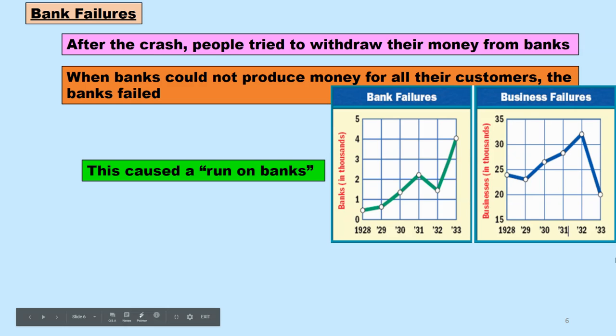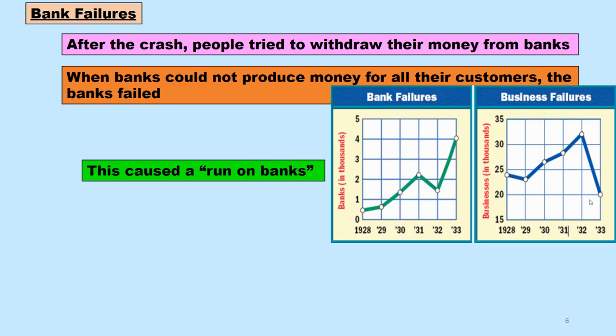So as these bank failures skyrocket, you're going to see a lot of businesses start to fail because businesses need loans from banks, business loans. And if banks are failing and don't have money being invested into them, then businesses can't get loans. And if businesses start to fail, unemployment goes up and people don't have jobs. They don't have money to put in banks.